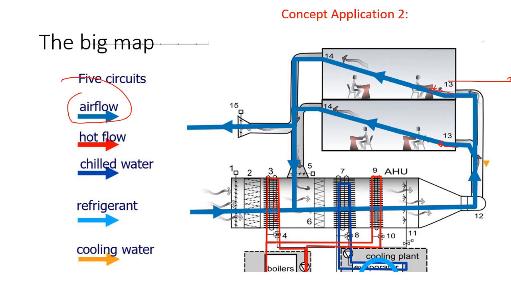Cooling water, we don't see this, but with a bigger map, you will see the pipes linked to the condenser, take the heat away from the condenser, deliver the heat by this cooling water, and dump the heat into the atmosphere at the cooling tower. The cooling tower and the air handling units are the two subjects in our lab work.